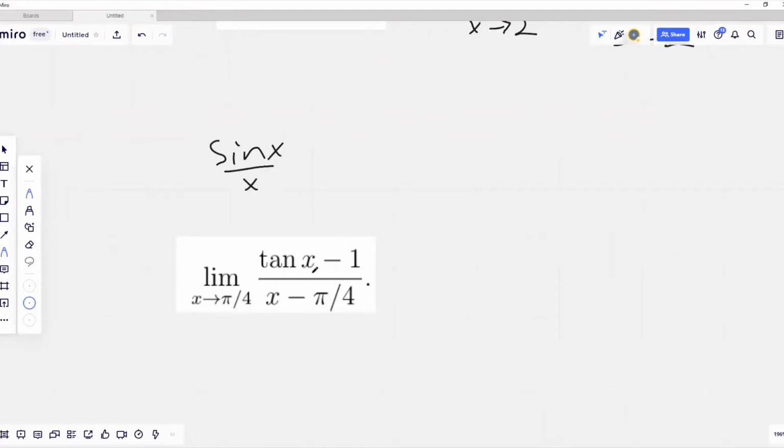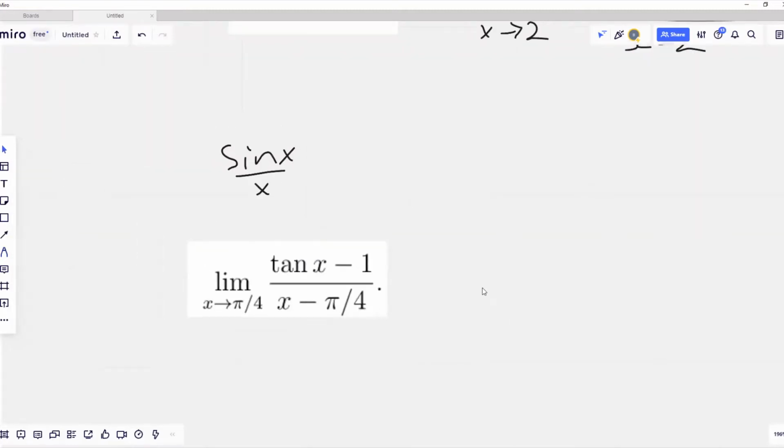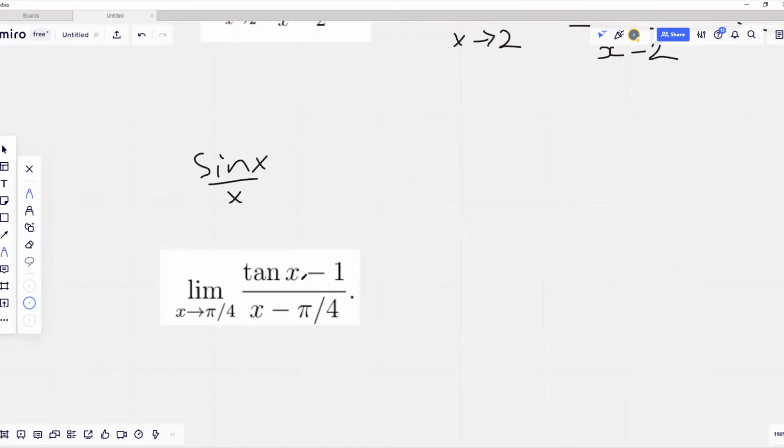So we know that tangent of x can be expressed as sine of x over cosine of x. That's where we are going to get our cosine of x. But before moving on, we need not only sine of x, we need sine of x minus pi over 4. So let's recall the formula for tangent of difference of two angles.